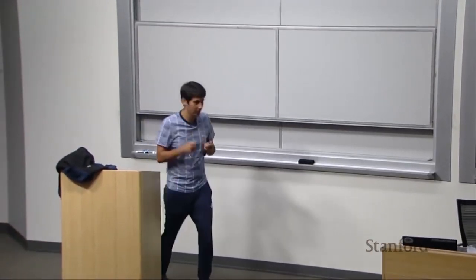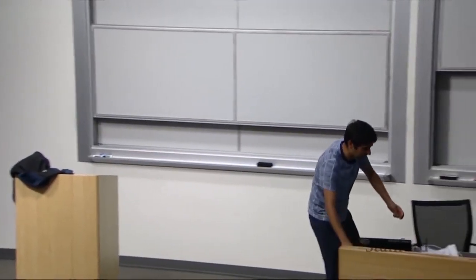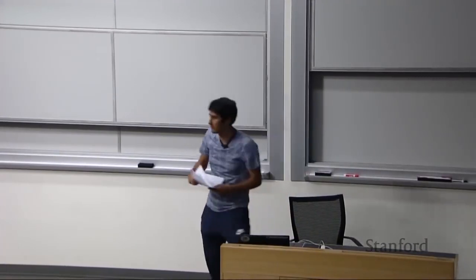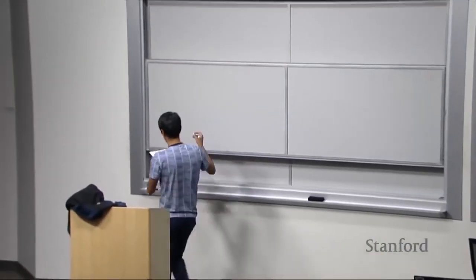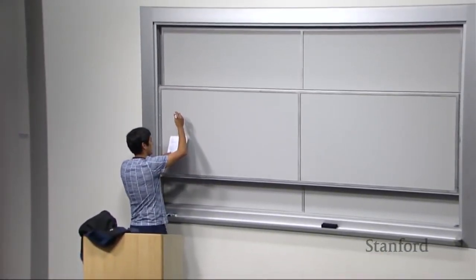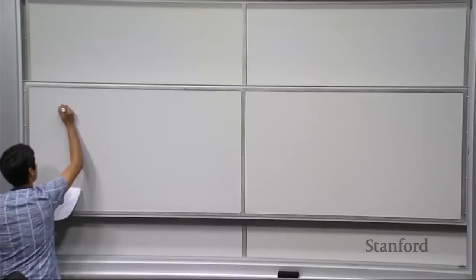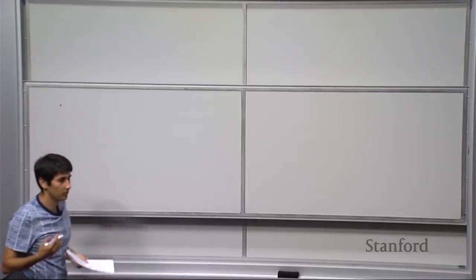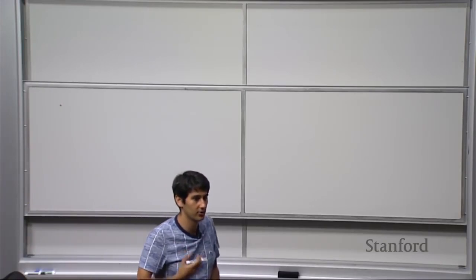Okay, so let's go over something interesting that is more on the intuition side of adversarial examples. One question we ask ourselves is, why do adversarial examples exist? What's the reason?